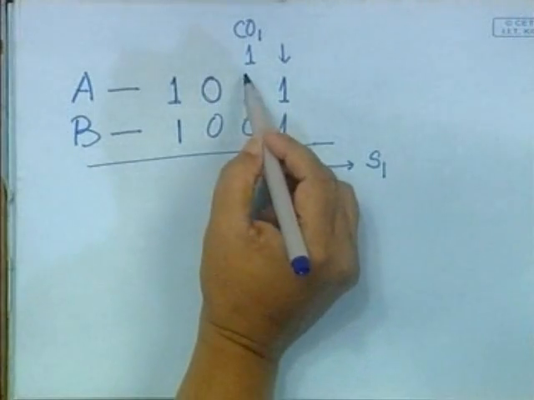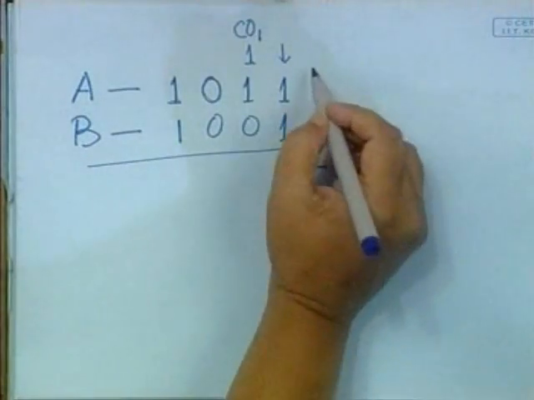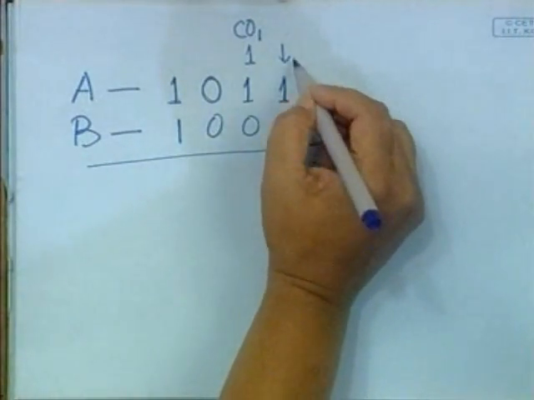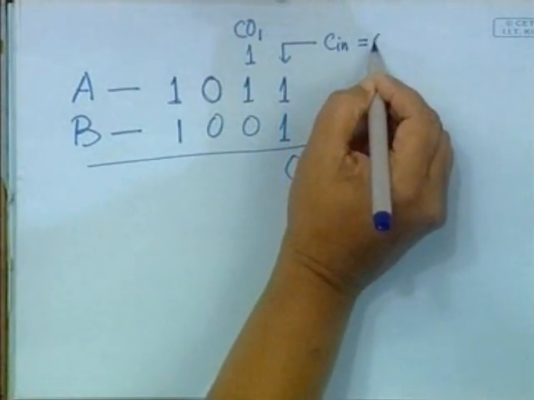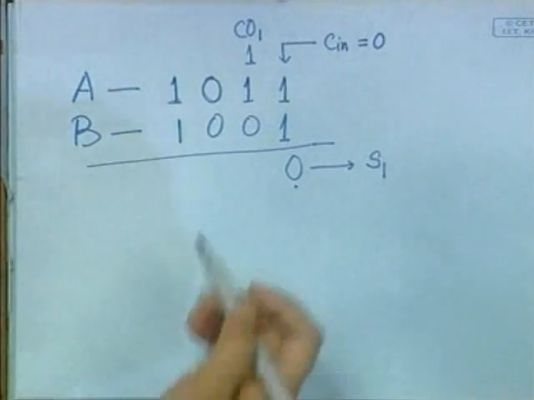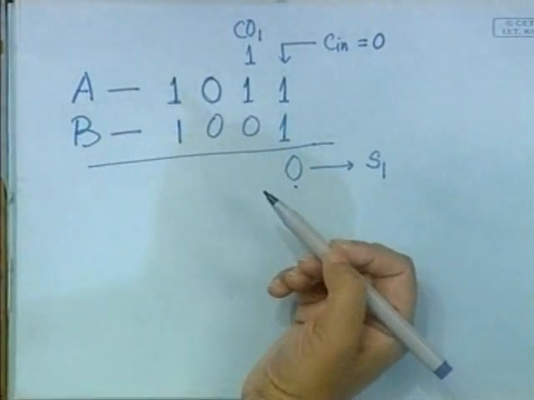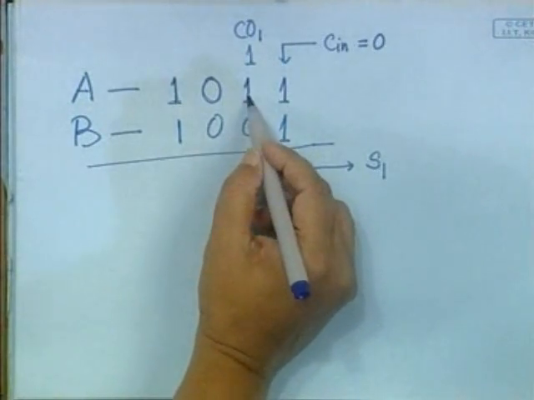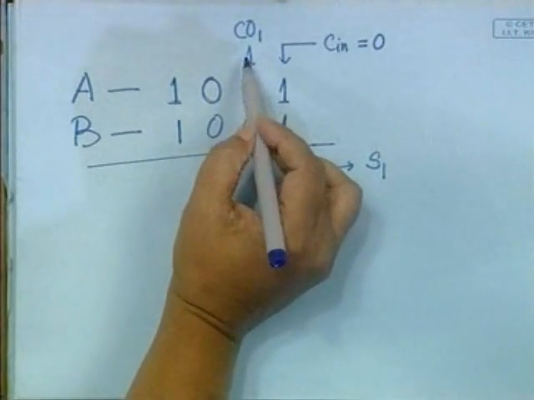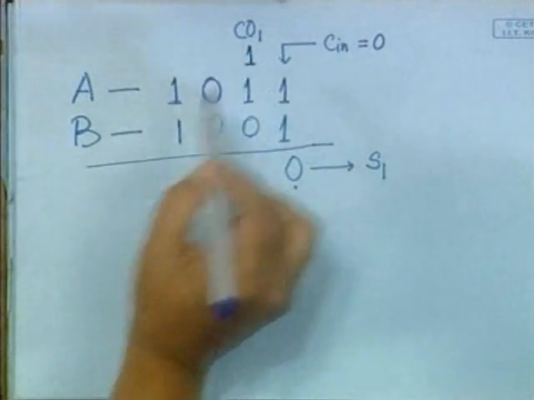Similarly, for the second module, the carry in for the first module is 0. For the second 1-bit adder, A is 1, B is 0 and the carry in is 1.